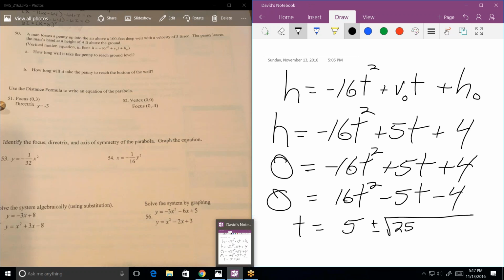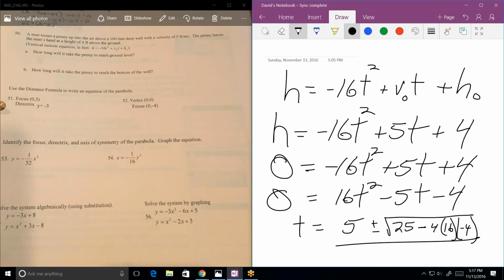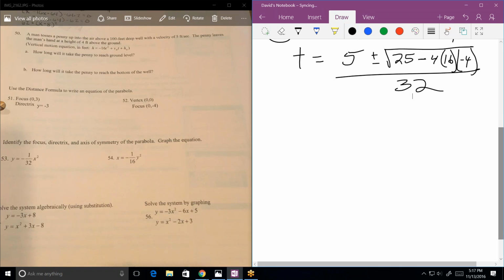Minus 4 times 16, and then times minus 4. All over 2a, so 2 times 16. The more I think about it, I'd like to see you do this one.